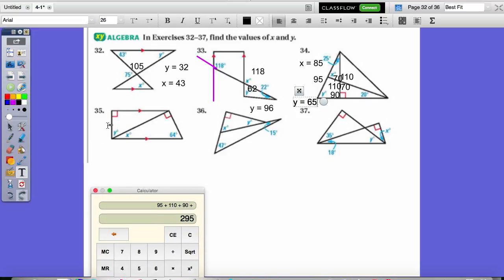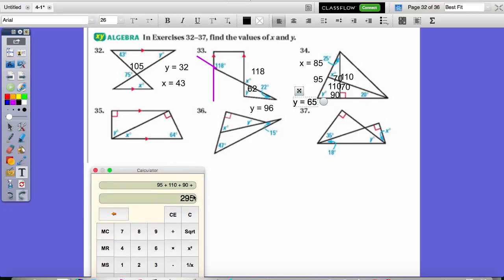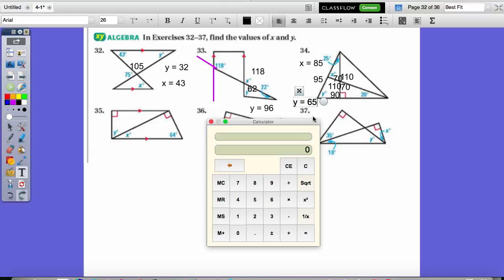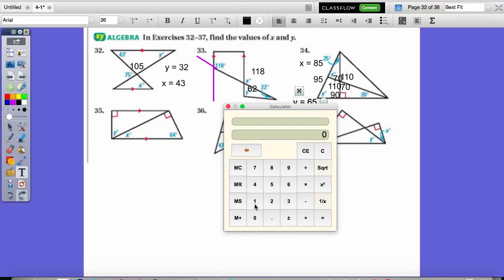Okay, once again, we have some parallel lines here. That's kind of exciting. So, parallel lines cut by a transversal. Okay, so this amount and 64 are consecutive interior. So they're going to add up to 180. So 180 minus 90 is 90.